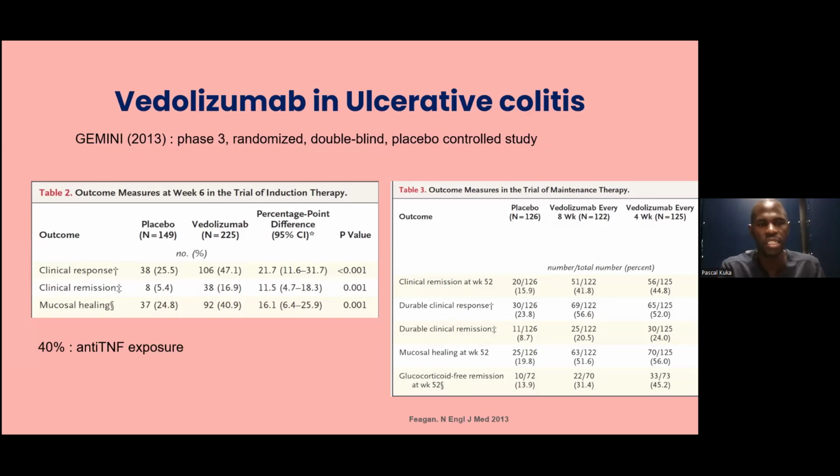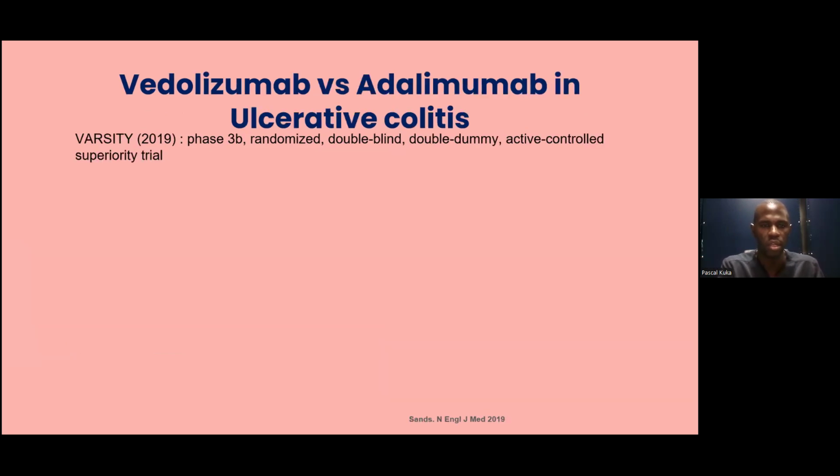The GEMINI trial of vedolizumab in ulcerative colitis also established the use of it, showing significance in terms of clinical response at 52 weeks, with the 8 weekly doses achieving up to 41%, and a bit higher with the 4 weekly doses, but all of them were significant compared to placebo.